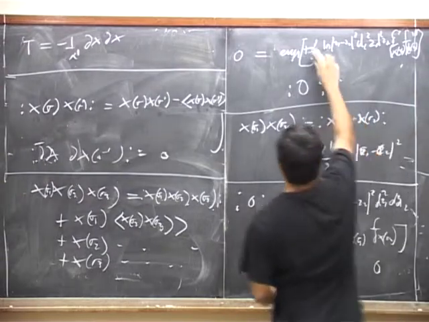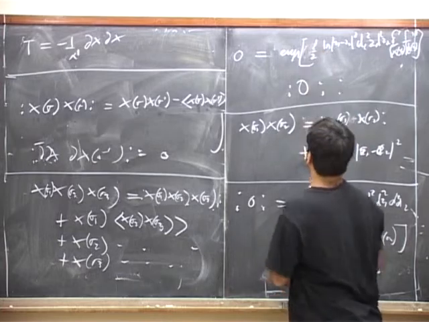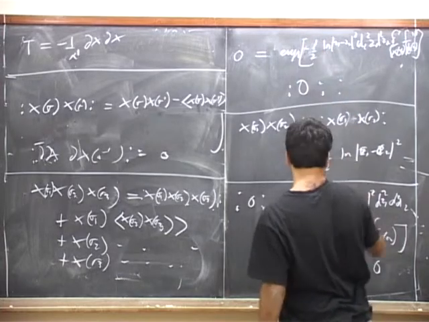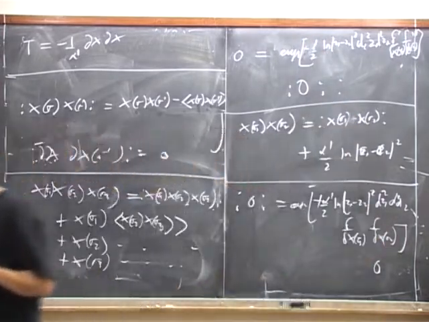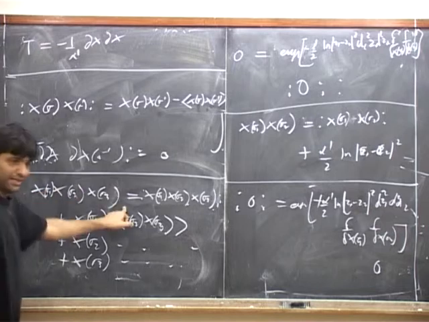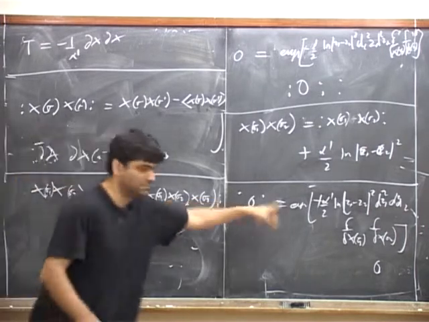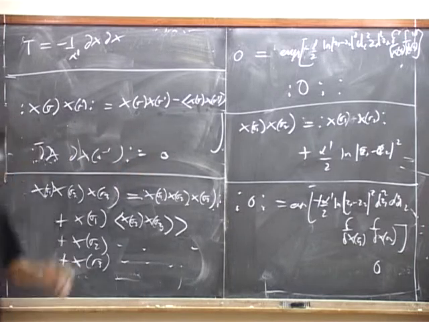I'm sorry, I got these signs wrong. If I wanted the operator itself, I wanted the 2, sorry, I got the sign wrong. This minus, this plus. You see that, right? The operator is normal order plus 2 point function. Normal order is operator minus 2. And the 2 point function has minus alpha.